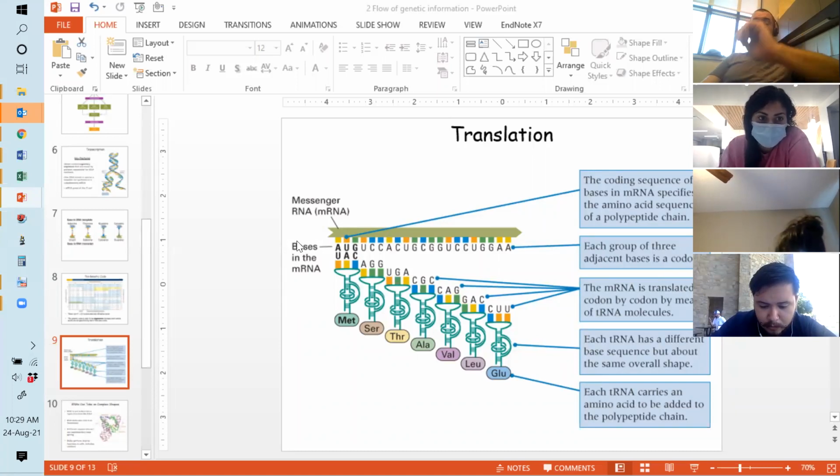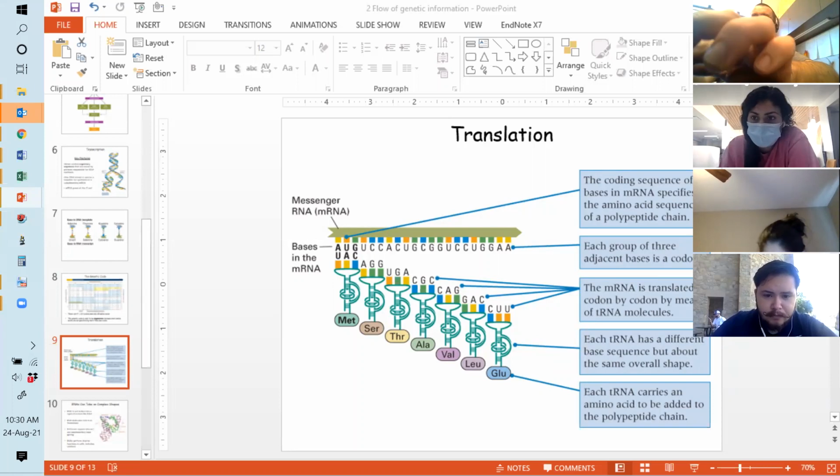So again, this whole deal of base pair complementarity, particular bases sticking to a very specific other base. You see that exactly here. So you have an AUG, that's a word. Words in mRNA are called codons.